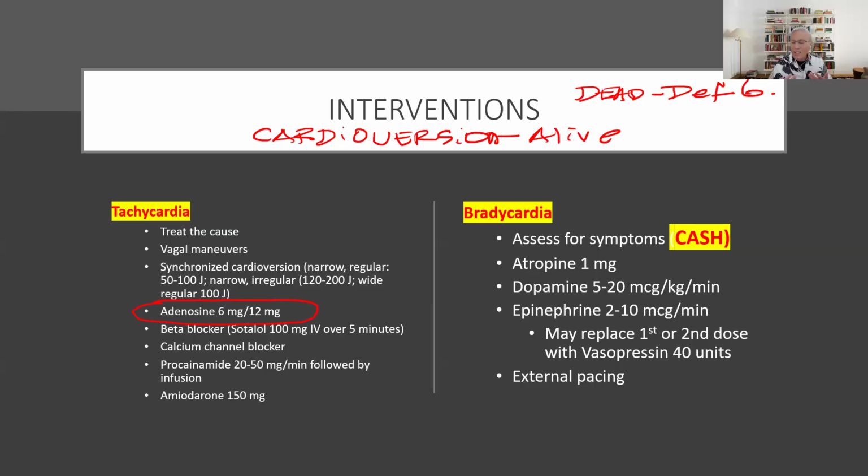And of course, if these did not work, we could now have an external pacemaker applied and therefore are going to externally pace the patient. So these are the treatments for bradycardia.